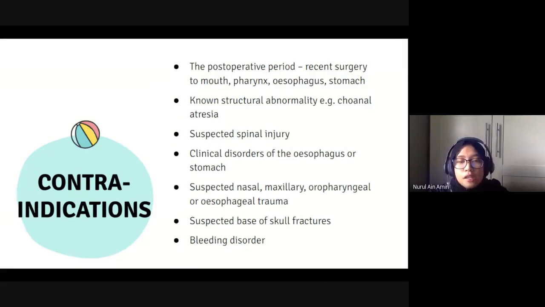Then any suspected base of skull fractures or any bleeding disorder, because we have to be cautious since there's a high risk of bleeding.